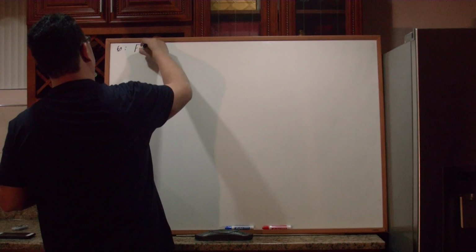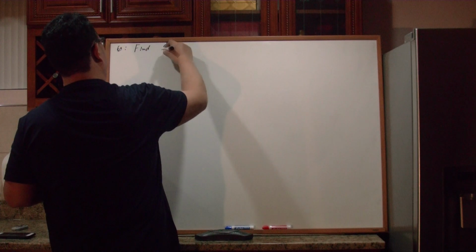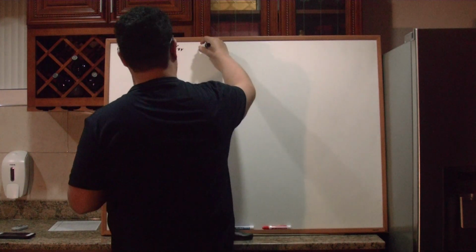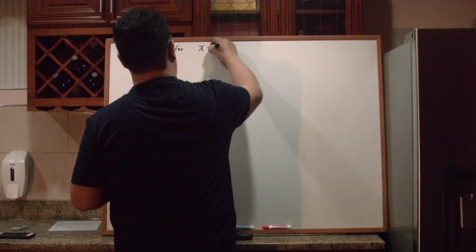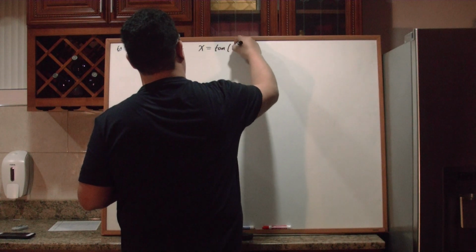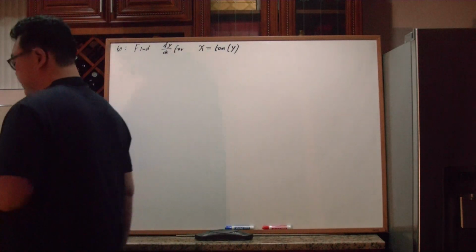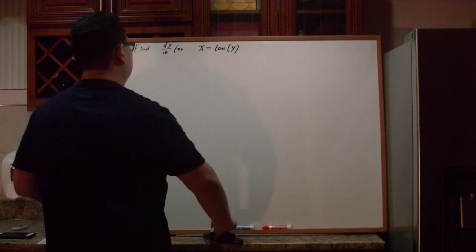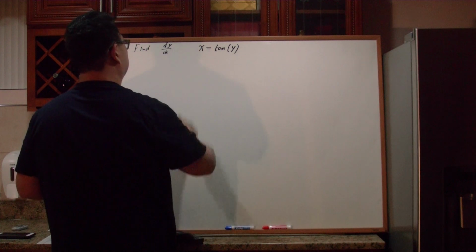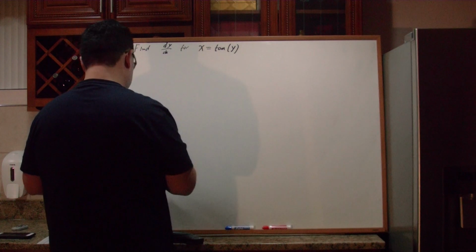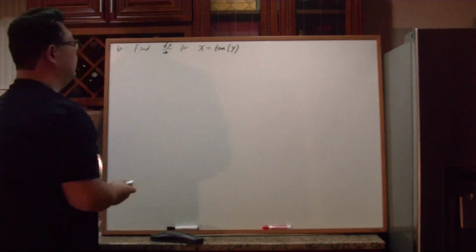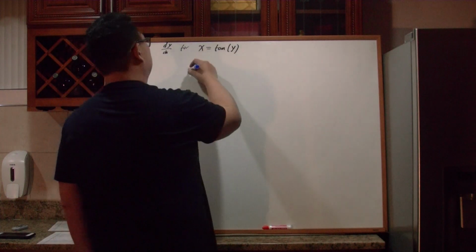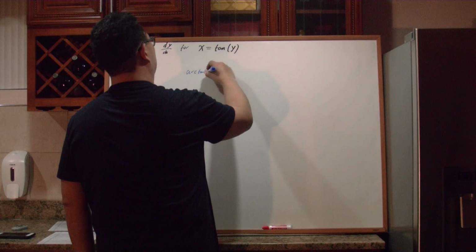Try to find dy over dx for x equals tangent of y. That is also an implicit function, even though if you apply the inverse property, you get arctangent of x equals y.